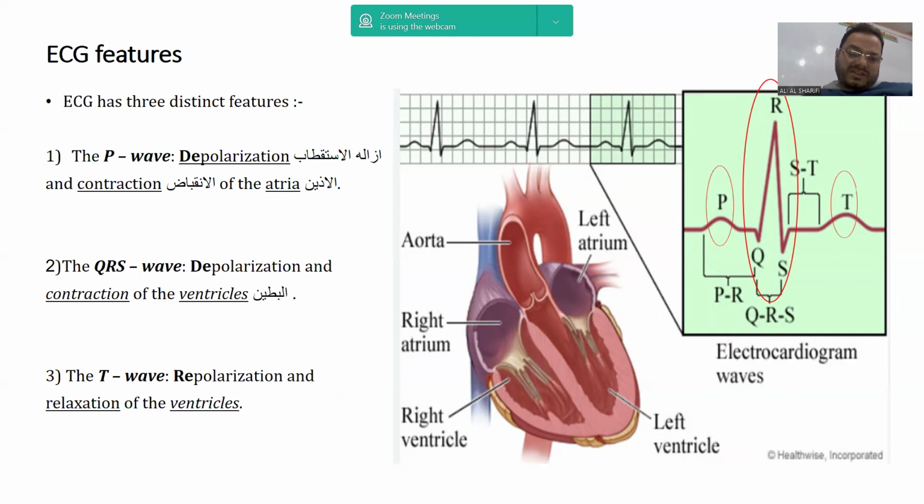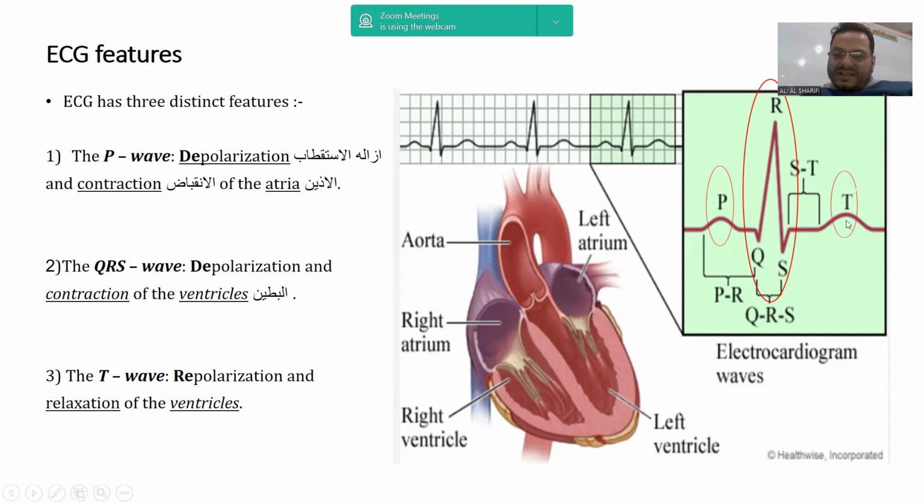The P wave means depolarization and contraction of the atria, which started to push blood. The QRS, the bigger wave, means depolarization and contraction of what? Of the ventricle. Like it's clear here, the ventricle muscles are bigger than the atria muscles, okay?